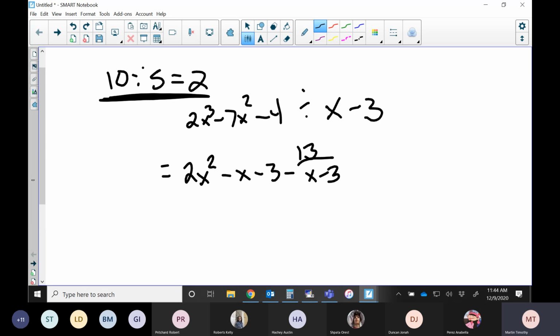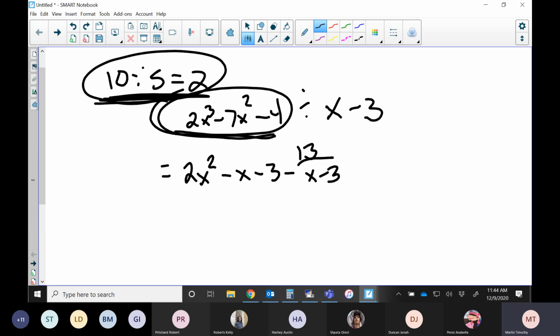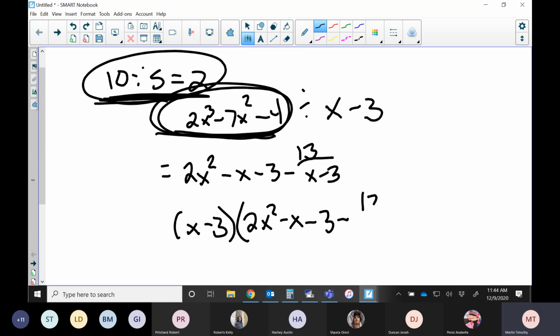If I tell you that's your answer, think about this right here. What does that mean for this? That means I could actually rewrite that as x minus 3 times 2x squared minus x minus 3 minus 13 all over x minus 3.